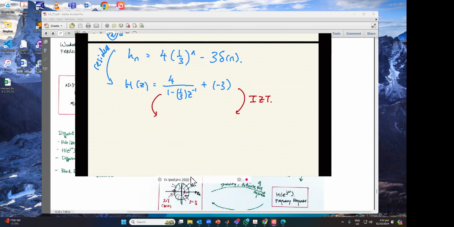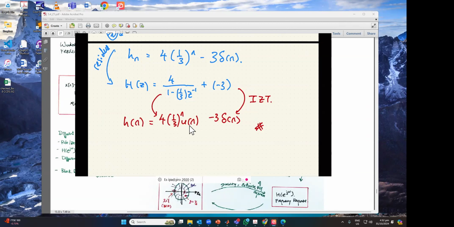Impossible, guys. You have residuez, maybe you didn't install some libraries. What about this here? It becomes 4 times (1/3)^n u[n]. Therefore, this becomes h[n].